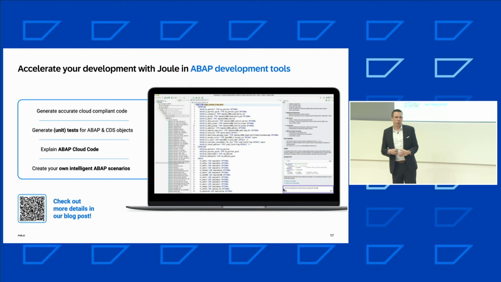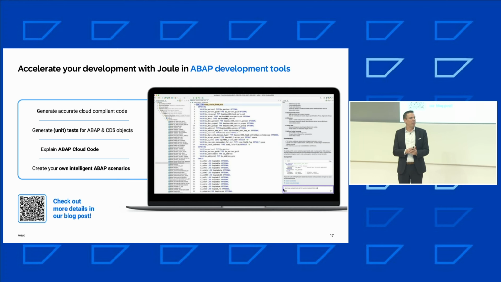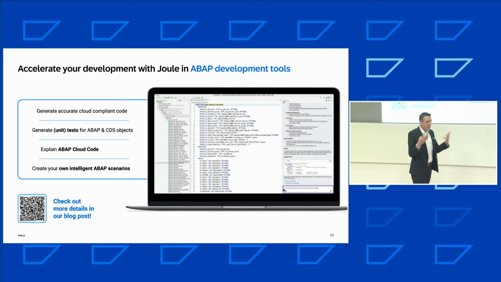And if you haven't heard about that, I recommend having a read of this blog post, which explains it in detail. In essence, it allows you in the ABAP development tools, so in ADT, to generate cloud compliant and clean core compliant ABAP code right within the tool.